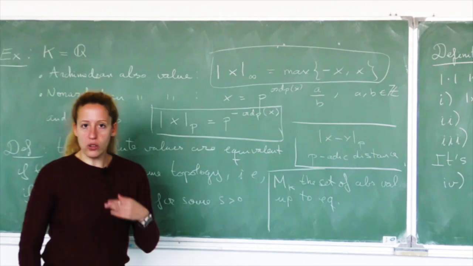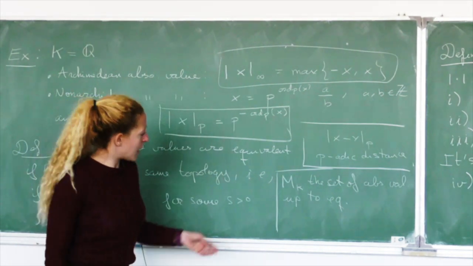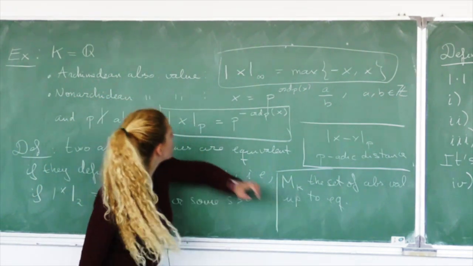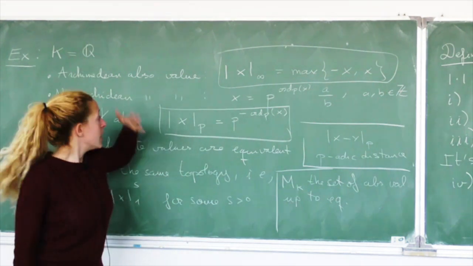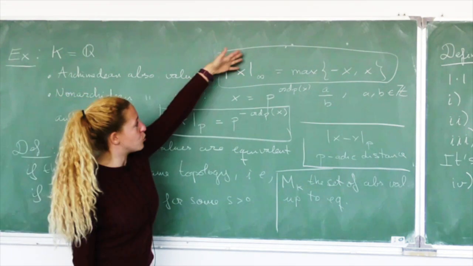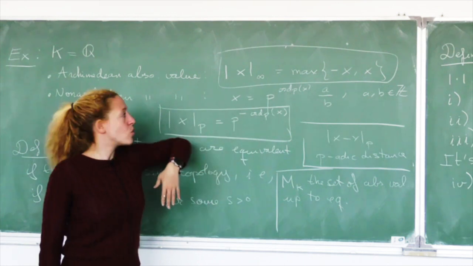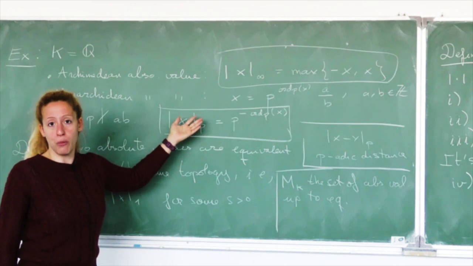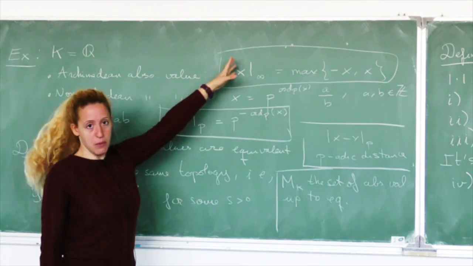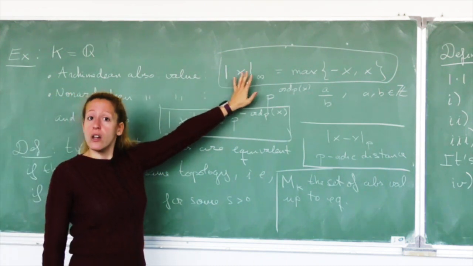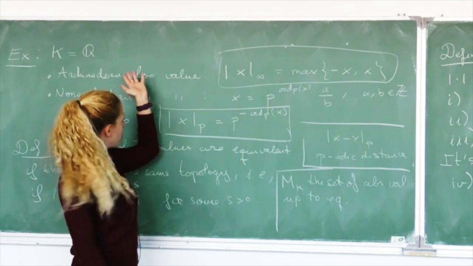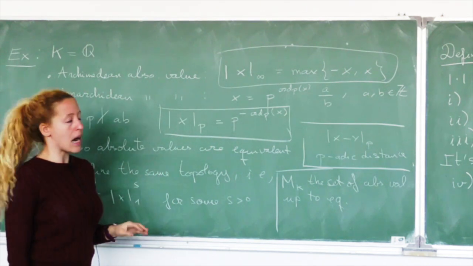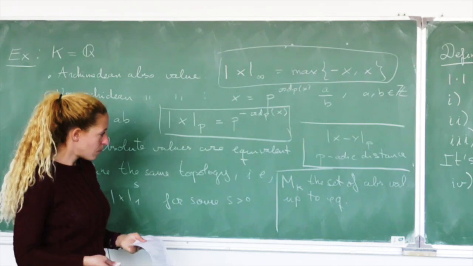I'm going to state it later as a theorem, but actually MQ, Q the rational numbers, is equal to all the absolute values that I presented here. Those ones are the non-Archimedean ones, so we have one for each prime number P, and this one is the Archimedean one, of which we have only one. We'll see examples of other fields for which we have more Archimedean absolute values.